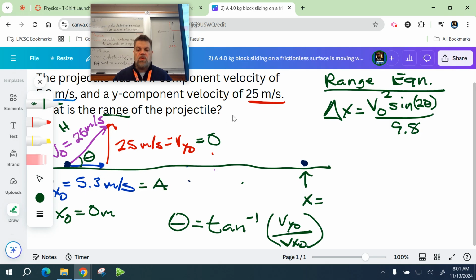So remember with SOHCAHTOA, tangent of theta is equal to the opposite over the adjacent. That's why we have the y on top and the x on the bottom. Whatever works for you.